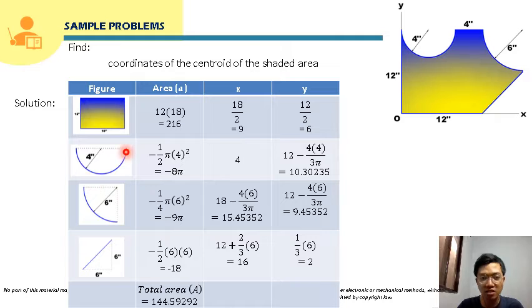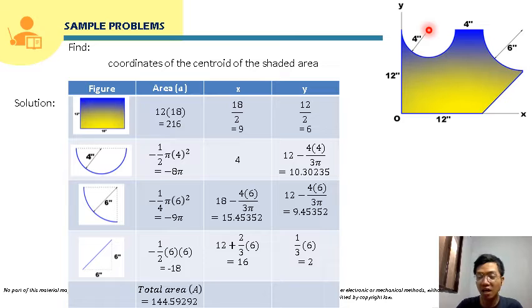Now for the semicircle, the centroid is here, so the y-coordinate will be this distance. For this semicircle, we know that this distance is 4r over 3 pi. The 4r over 3 pi is from here, not here.